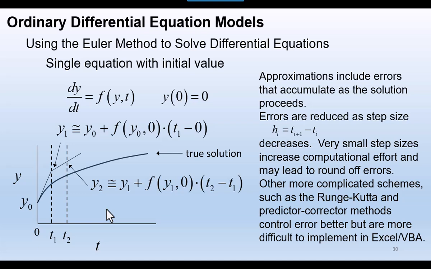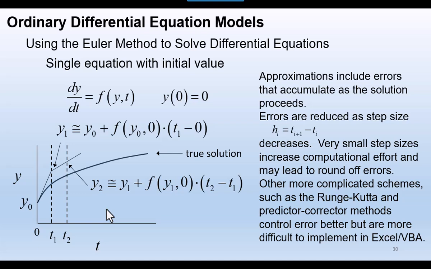So the comments here are that the Euler method, although it's fairly simple to implement, includes errors that accumulate as the solution proceeds. The errors are reduced as our step size, the interval between times, decreases.